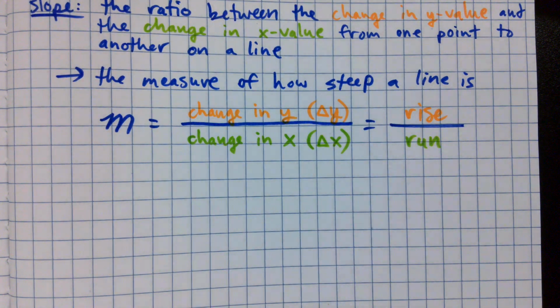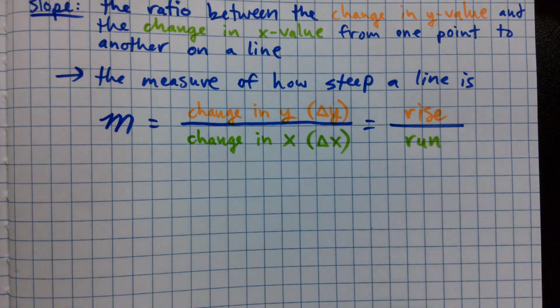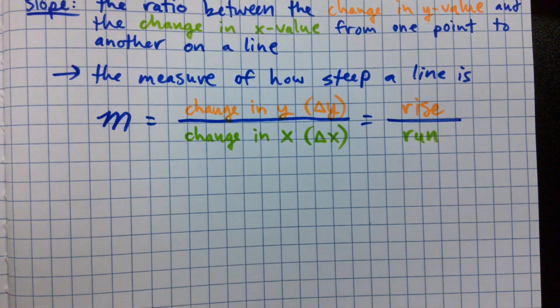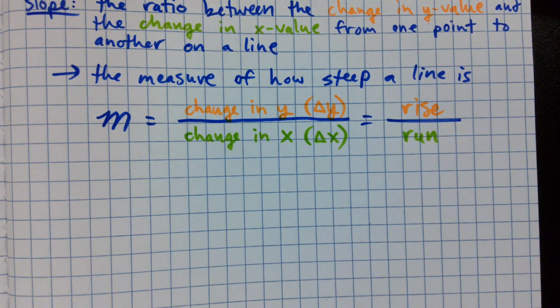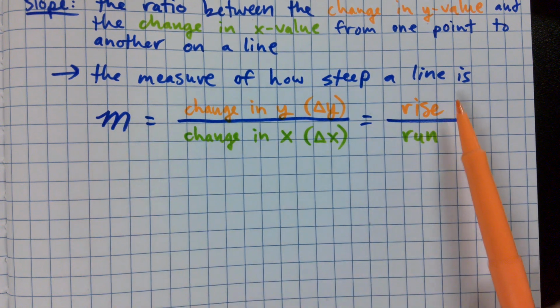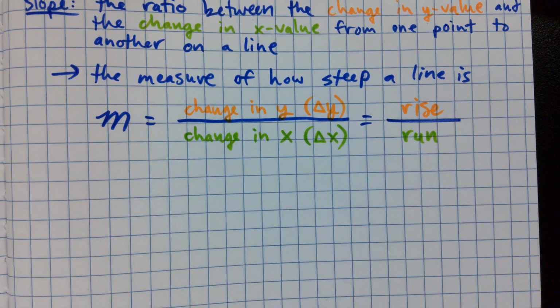Is our x-axis up and down or left and right? Left and right, so it's horizontal. If you were running, you're running along a horizontal or flat surface. So the change in x we call run. Slope is just the ratio or fraction of your rise over your run. I know that doesn't make sense yet, but it will once we take a look.